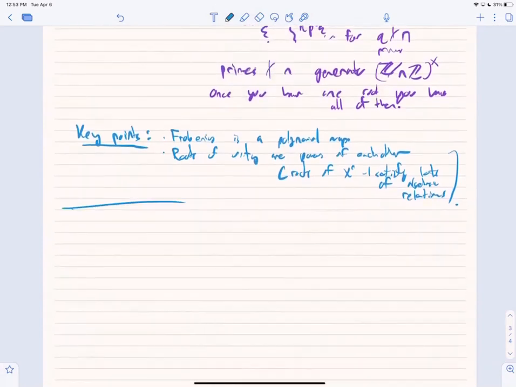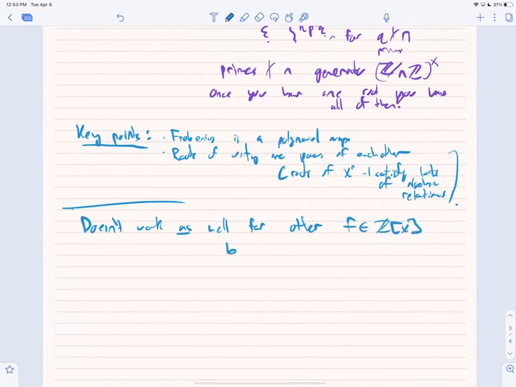So I'll say this doesn't work as well for other polynomials, but it does still give something.